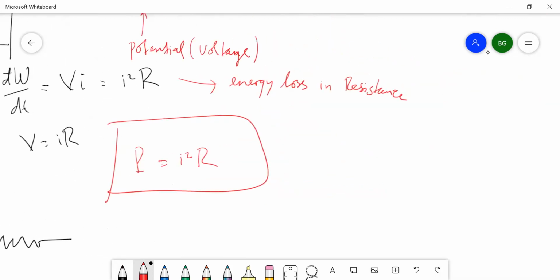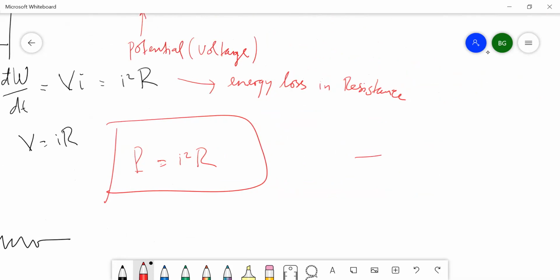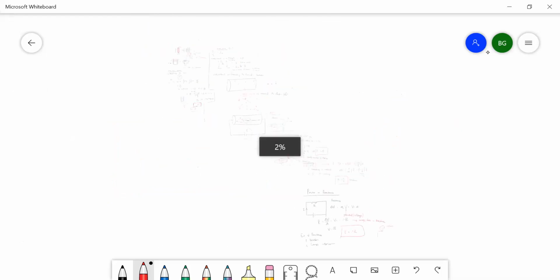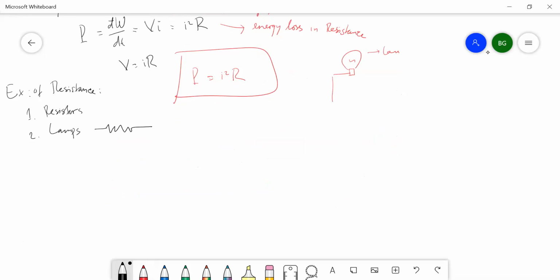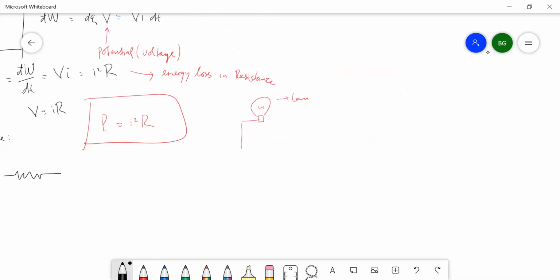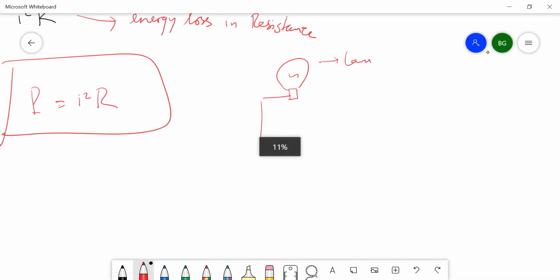For example, if you have a lamp like this, connected to this source of voltage epsilon, there will be a current.